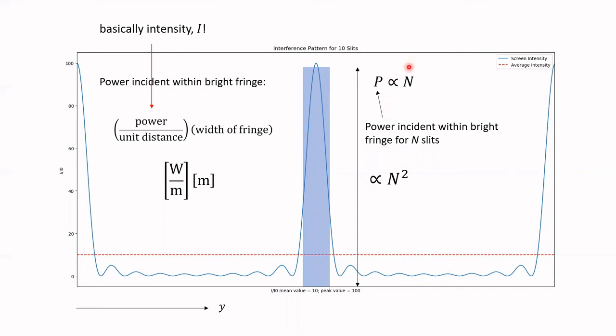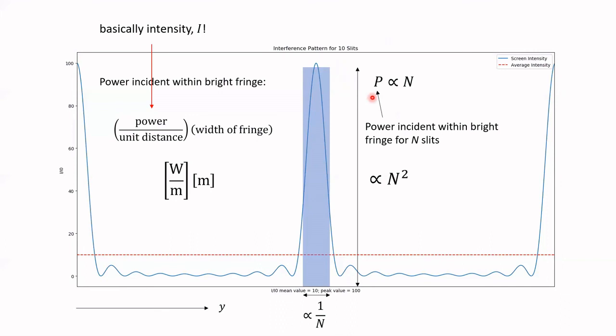So let me repeat that since I'm not writing these numbers down. If you had 8 slits opened, then the total power in each bright fringe would be twice what it was if you only had 4 slits. In other words, the light power incident within each bright fringe is proportional to the number of slits. So how can we combine all this?